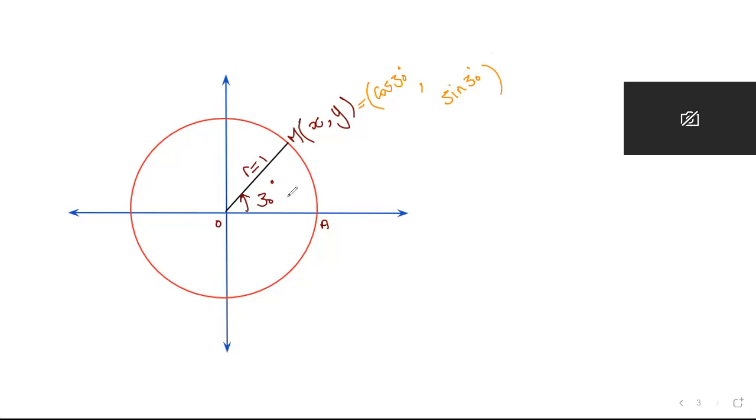Nice. Now, I say cosine of 30, sine of 30. When it comes to the test, or when you are doing your homework, you do not have to leave cosine 30 and sine 30 as they are, because they are so important.